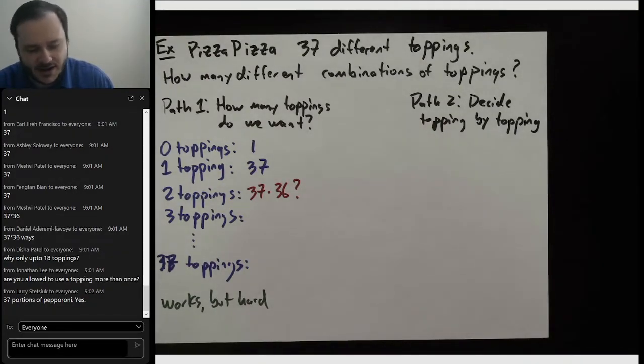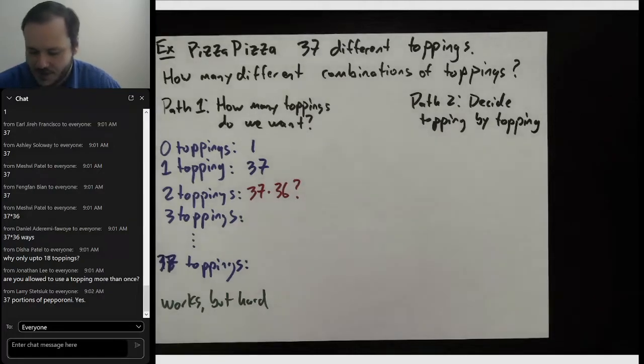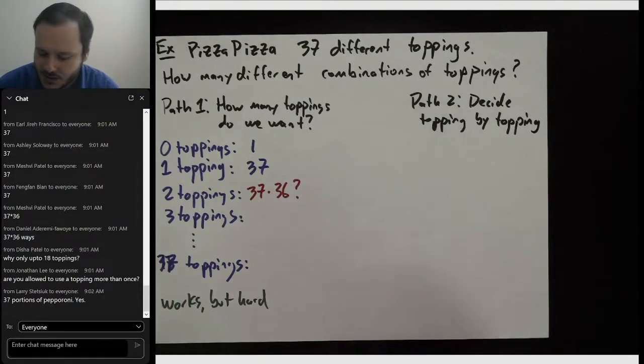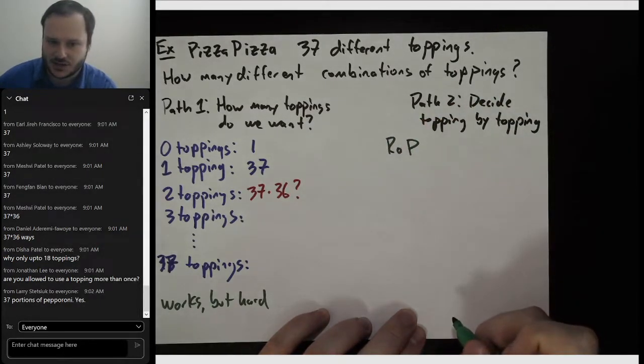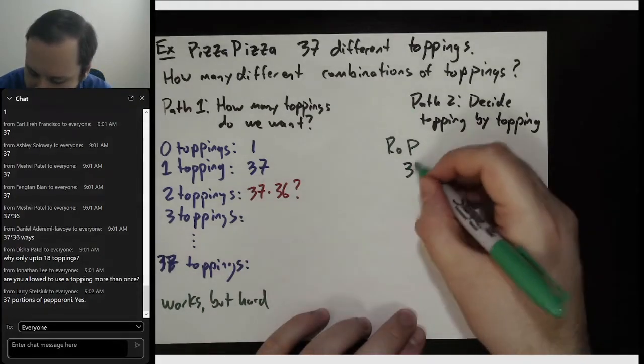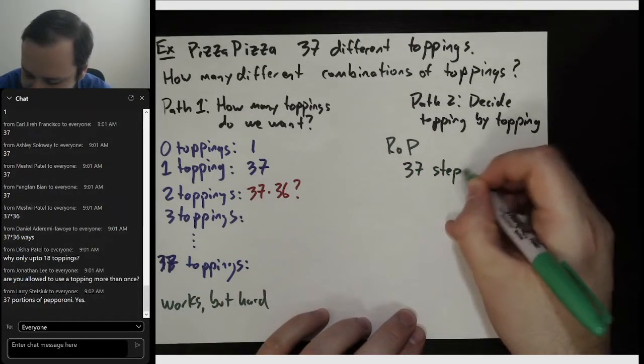Do we want, I didn't remember what was second. Do we want anchovies? Yes, no. And we're just going to go down this list, 37 different toppings, and for each one, ask yes or no. So this is a rule of product calculation. We have 37 steps.